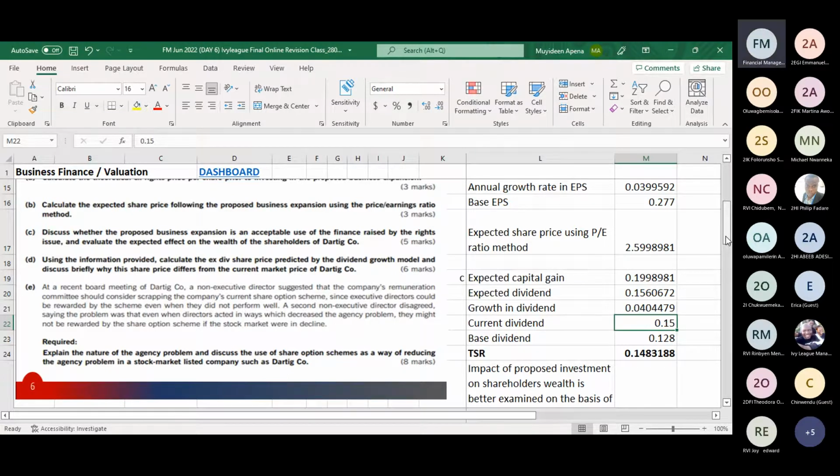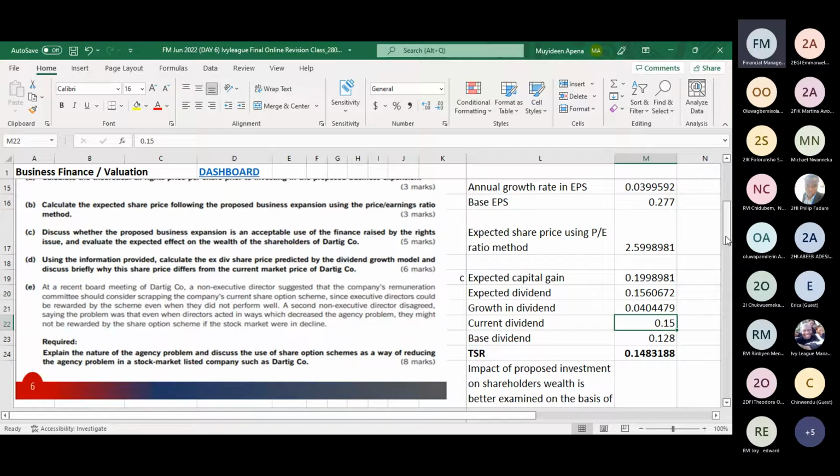So somebody had to think out of the box, for me now to evaluate and justify that this 14.83% is a good rate of return. The person says, ordinarily, without investment, what are these investors expecting? They are expecting 10% as cost of equity, which is their return.